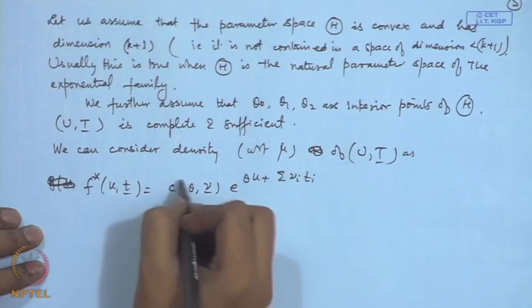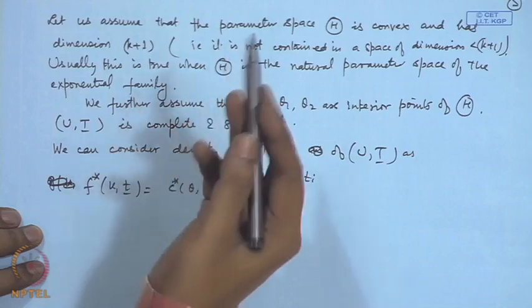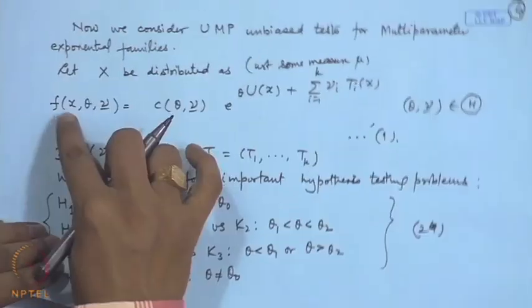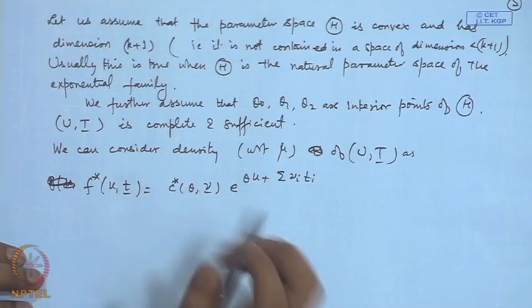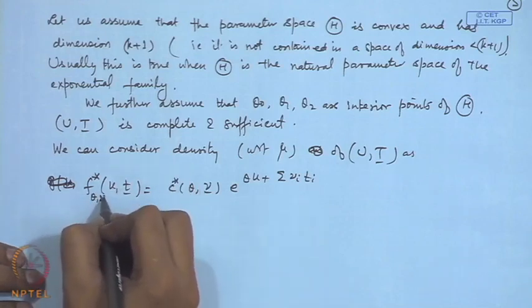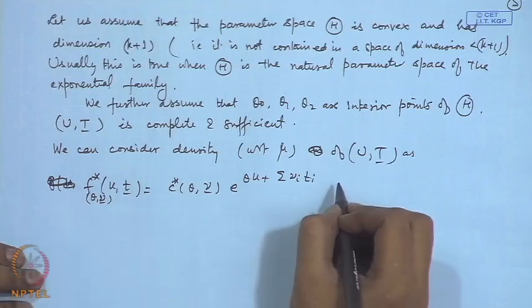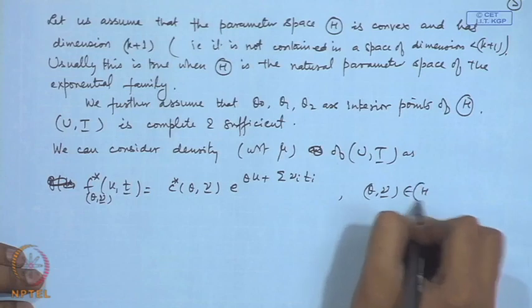This constant may change here, so I put c star; earlier I had written c in the case of the f density. So, I change it to c star, and of course, the parameters theta and nu are occurring here. Theta and nu belong to theta.